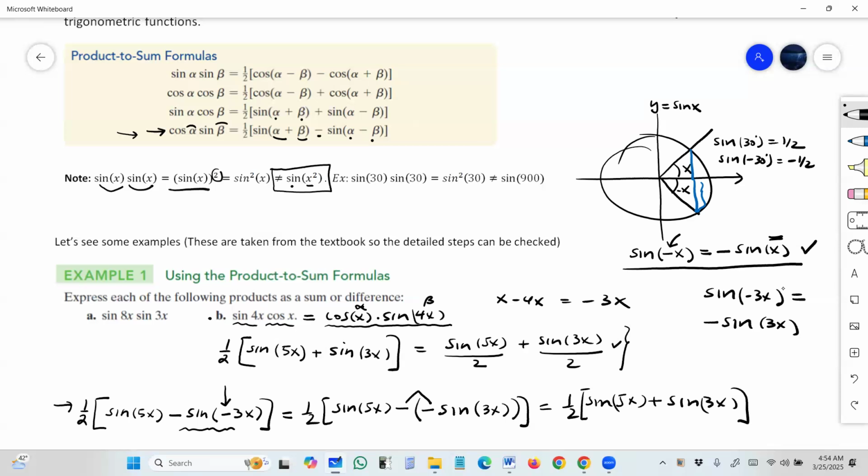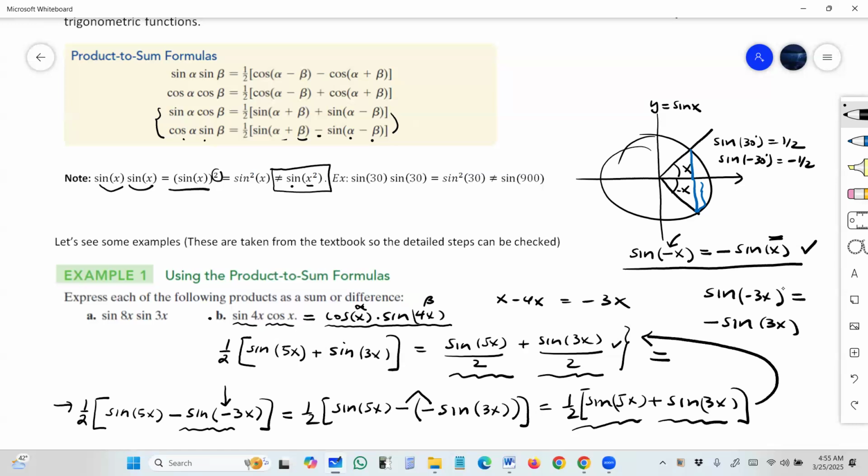And as you can see, the exact same answer. This is equal to that. So it doesn't really matter when you have the situation where you have either sine times cosine or cosine times sine, the answer is the same. So you can use whichever one helps you do the job a little bit better.